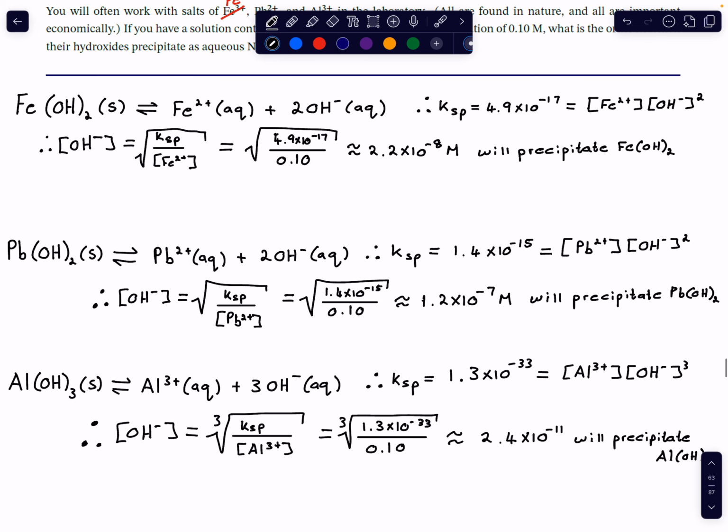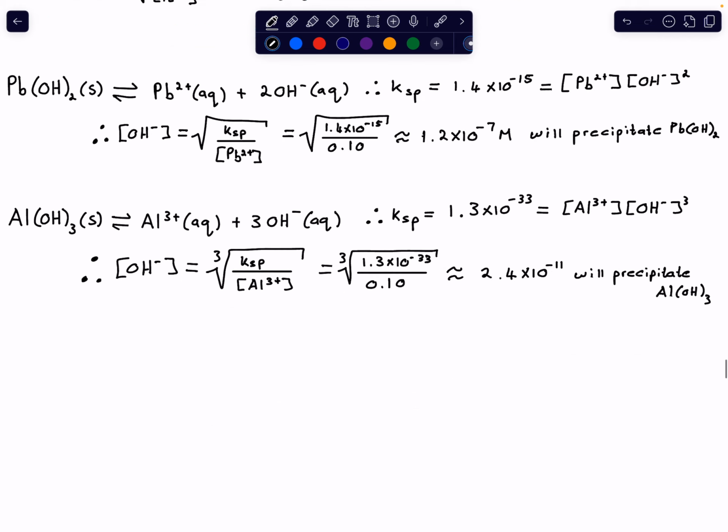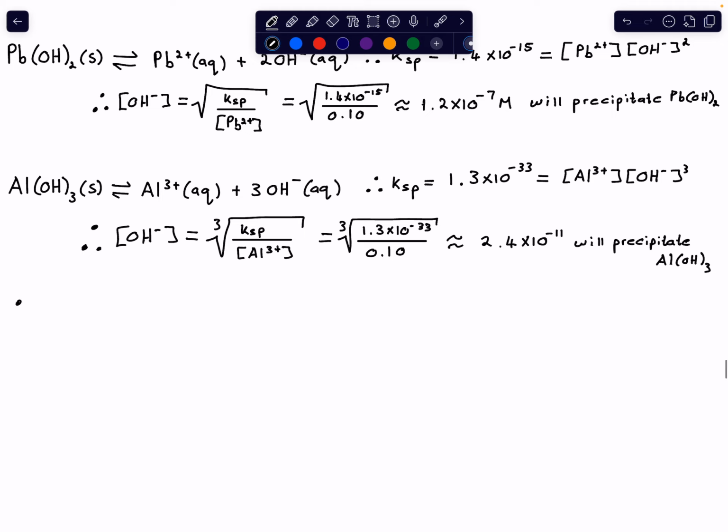Alright, so what does this tell us? It means that the salt that requires the lowest concentration of hydroxide is aluminium hydroxide. The one that requires the next highest is the iron hydroxide, and the one that requires the highest concentration is lead hydroxide. And therefore, the one that will precipitate first is aluminium hydroxide. Right. Why? Because it requires the lowest concentration.